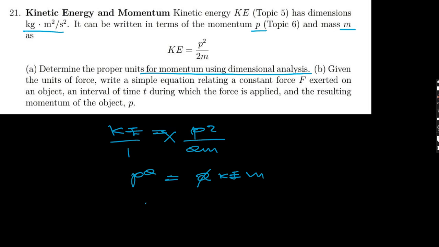Now to remain with p, we're going to have the square root of kinetic energy times m. Now look at this, this is our formula now. Let's go ahead and finish. What are the units of kinetic energy as we have been given?